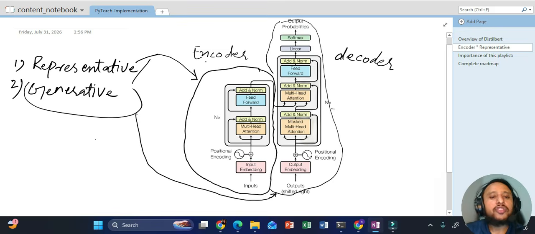Okay, so DistilBERT is going to be the compressed version, but still efficient enough in performance. Okay, so with less number of parameters, it is still efficient enough to compete with the base BERT model. So the DistilBERT model is basically based on this encoder part of the transformers architecture.